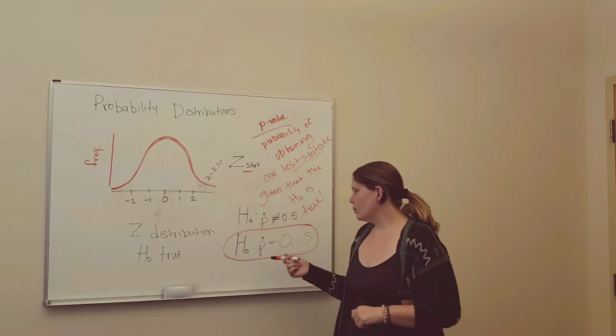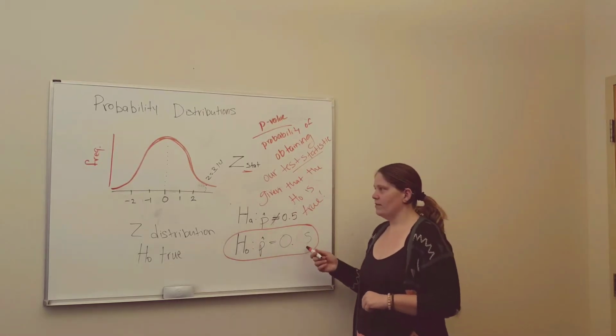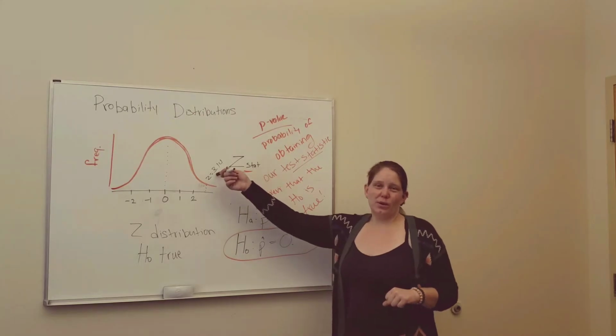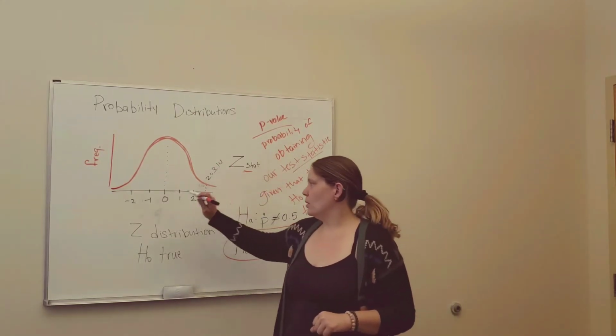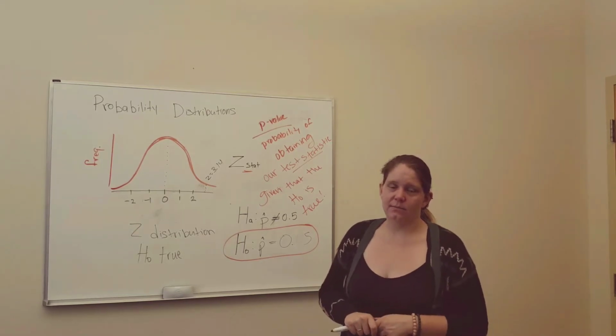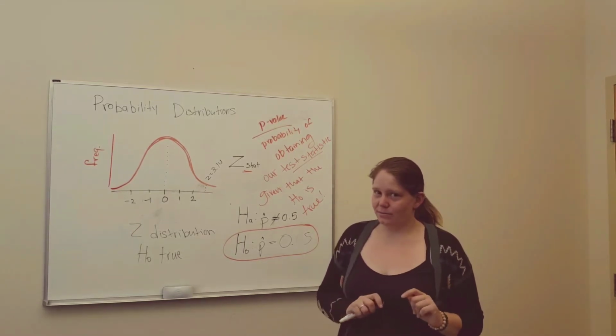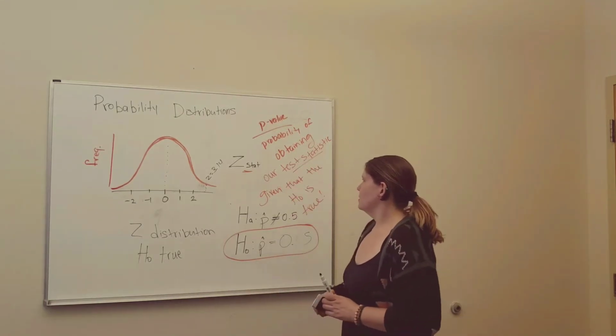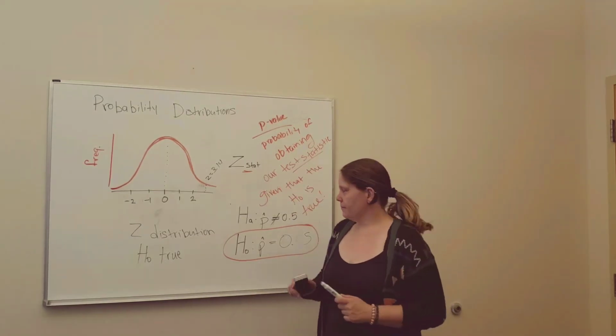So if our proportion really equals 0.5, obtaining a z-score of 3.14, obtaining a z-score out in one of these extreme tails is very unlikely, but still possible.